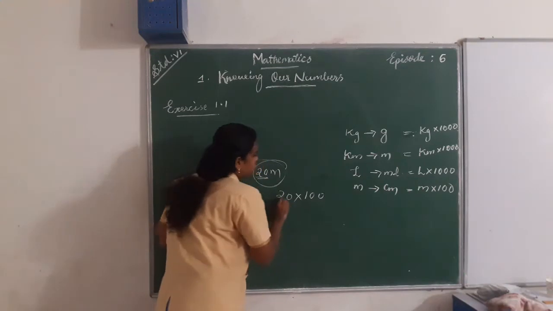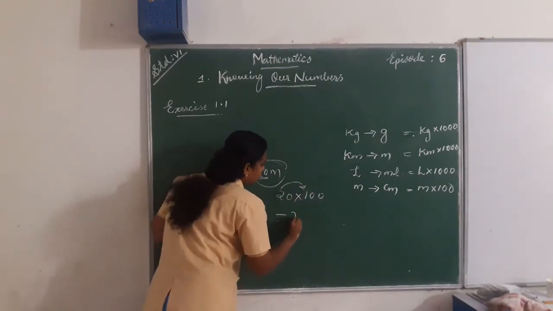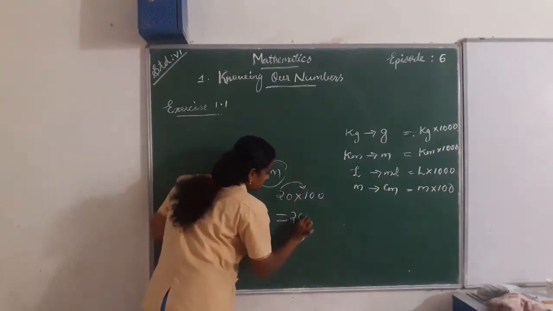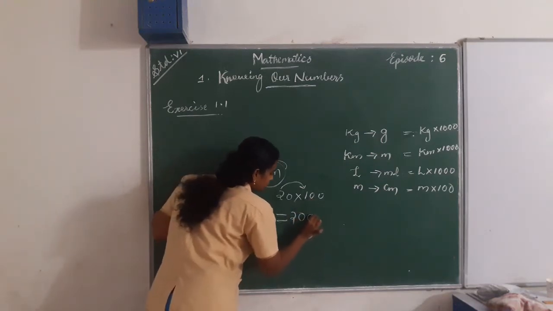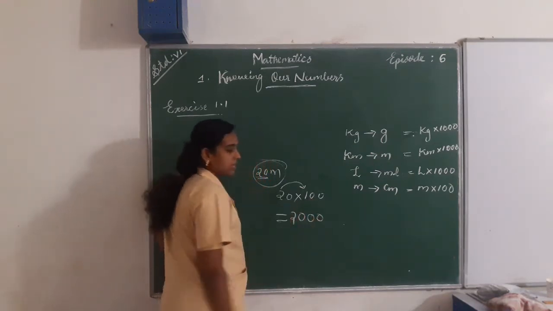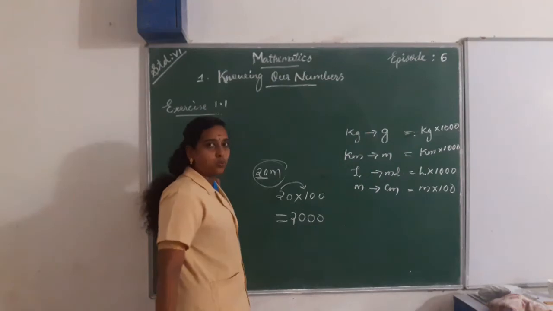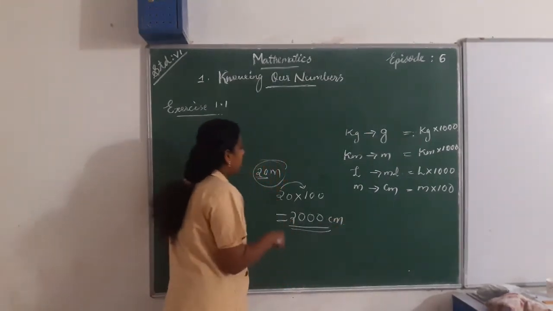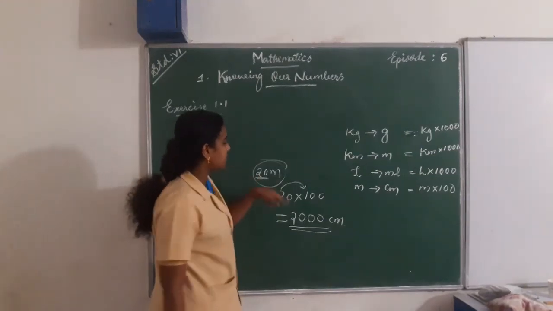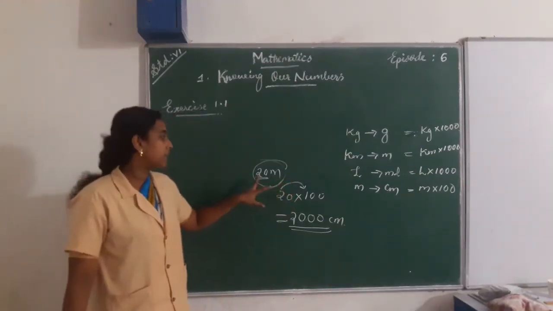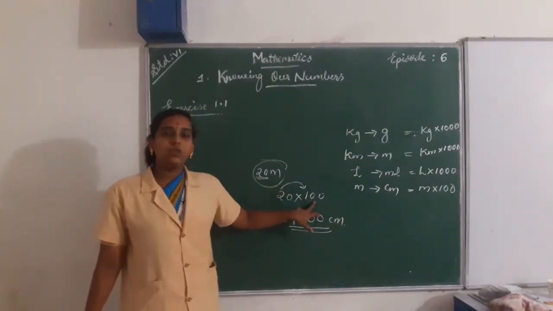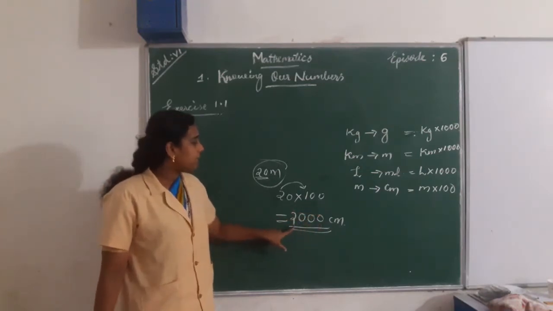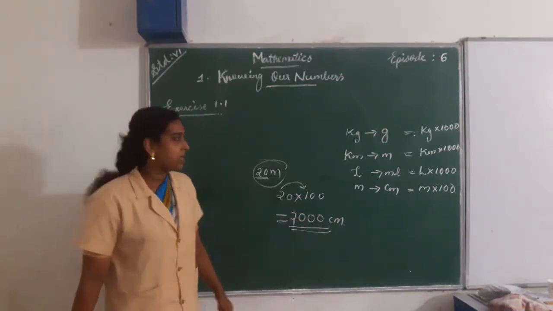That is 2 into 1 is 2, and in 20 there is one 0, and in 100 there are two 0s. If we put 3 zeros together with 2, we get 2000 centimeter. We convert 20 meters into centimeters: we multiply 20 by 100 and we get 2000 centimeter.